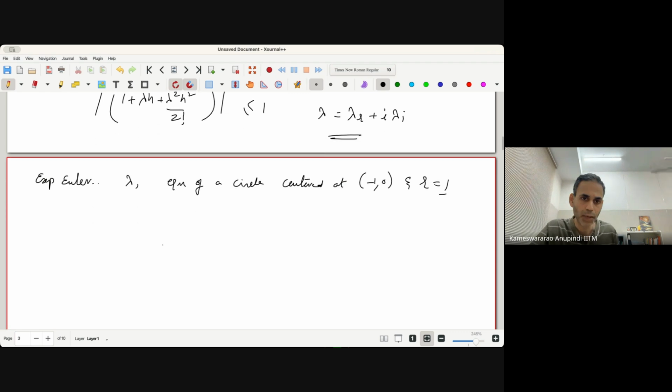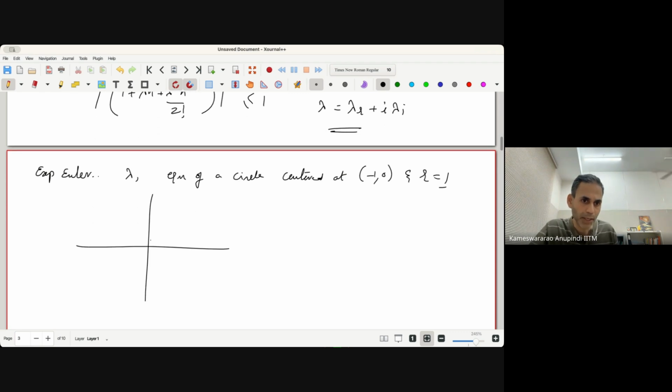So we were able to draw the stability diagram for the explicit Euler. We said it is a circle something like this.